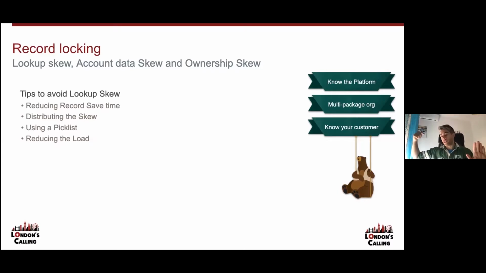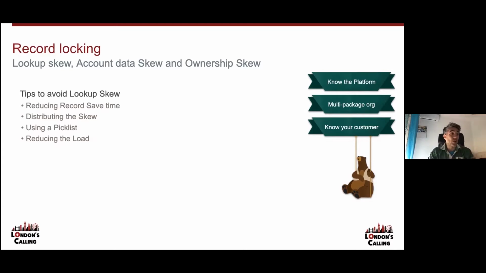Each gold, silver, and copper is pointing to over 10,000 records. Instead of having a lookup relationship, you can change your account object to have a picklist instead of a lookup, and then use the picklist instead of having this relationship.